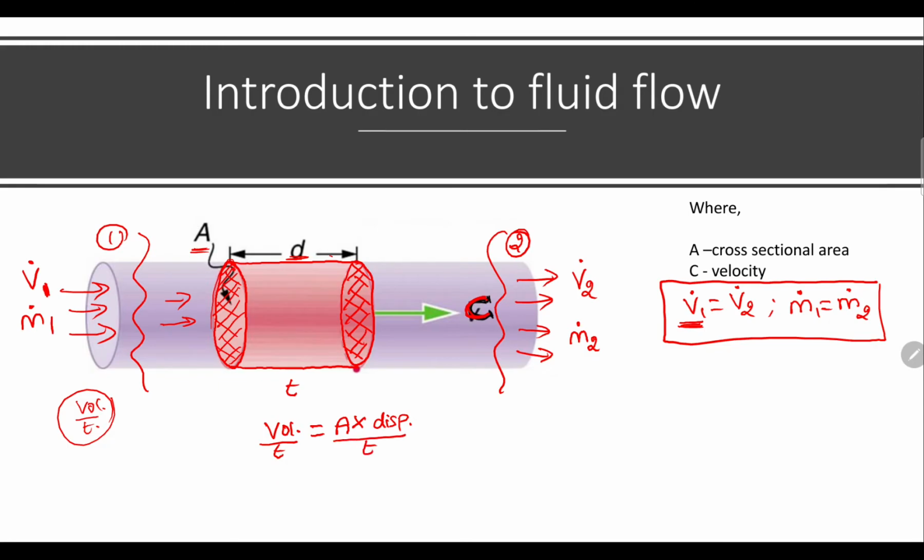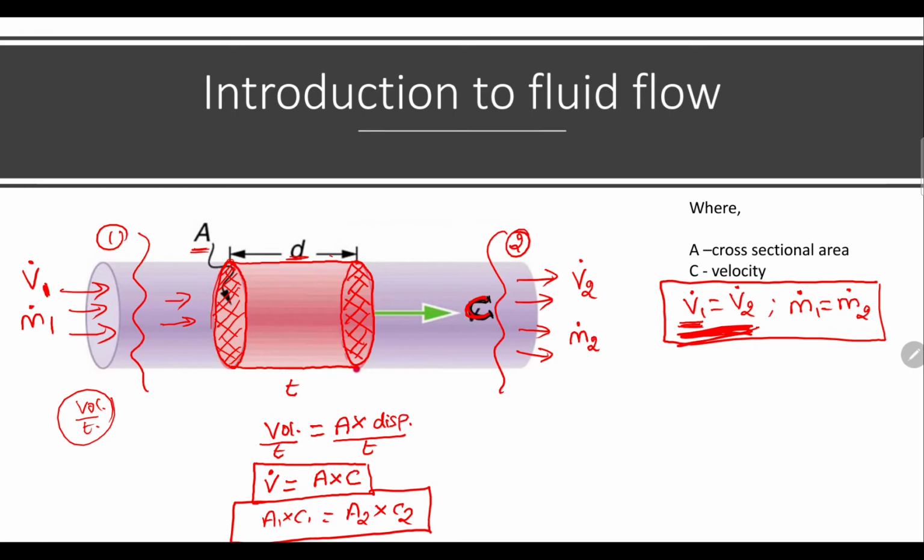Volume divided by time is the volumetric flow rate V dot, equals area A times displacement divided by time, which is velocity c. So I can write area 1 times velocity 1 equals area 2 times velocity 2.